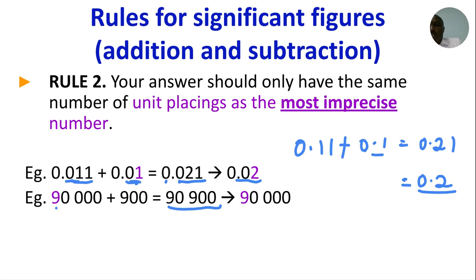Like in this case, we have only 1 significant figure. Even here we have 1 significant figure. So if you have 90900, it means that you have 3 significant figures, and we want our answer to be to 1 significant figure. That's why we are writing 9000.